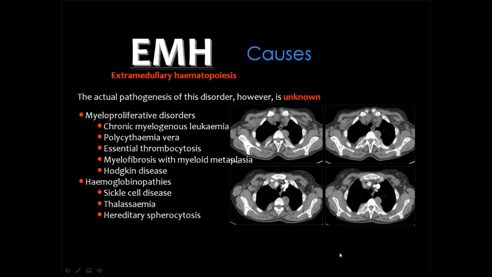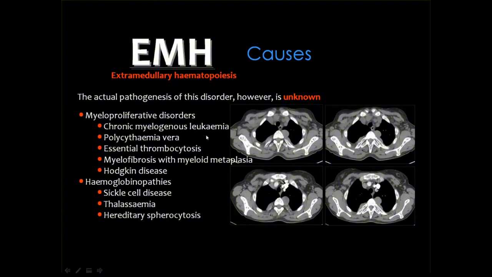The hemolytic anemia, whatever the cause, will result in two main radiological appearances. The first one is bone marrow hyperplasia, and the second one is extramedullary hematopoiesis. The pathogenesis of this disorder is actually unknown, and here you can see some of the causes of extramedullary hematopoiesis.